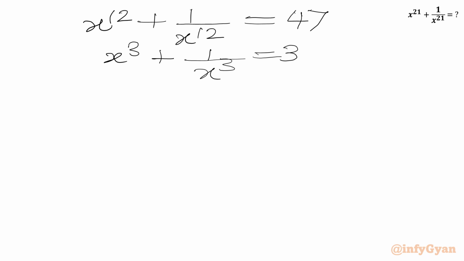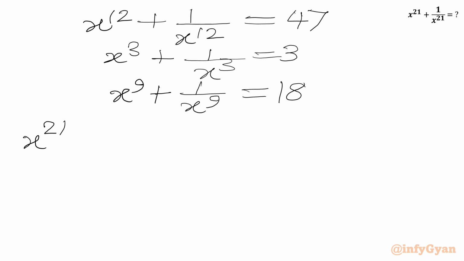And in the problem, the equation given is x power 9 plus 1 over x power 9 equal to 18. Now I can write x power 21 plus 1 over x power 21. This will be equal to x power 12 plus 1 over x power 12.